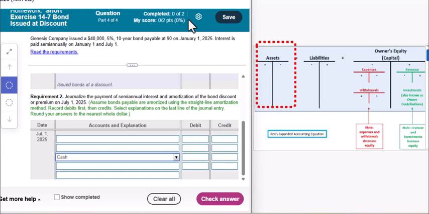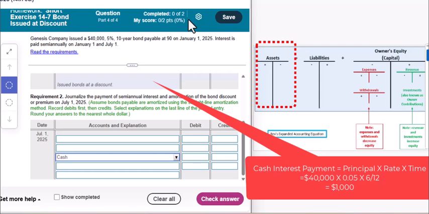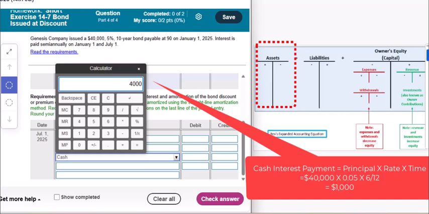So now we have to calculate the cash amount. So remember, the interest calculation is principal times rate times time. So the principal here is 40,000. So let's go ahead and get our calculator open and put $40,000. And we're going to go ahead and multiply that by 0.05, so that 5%.